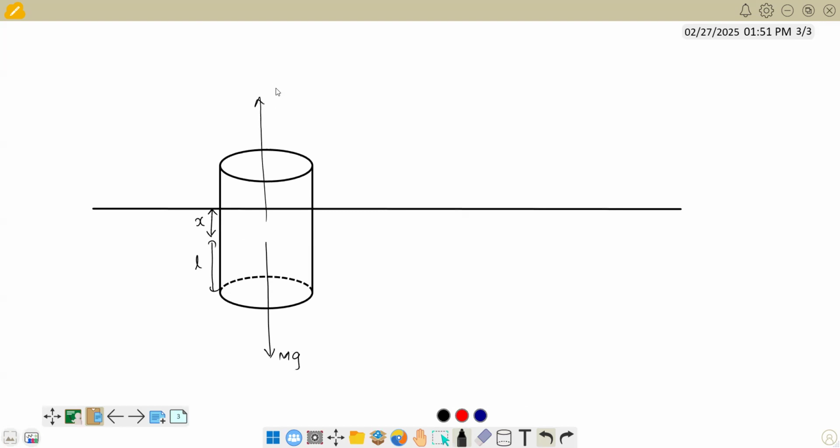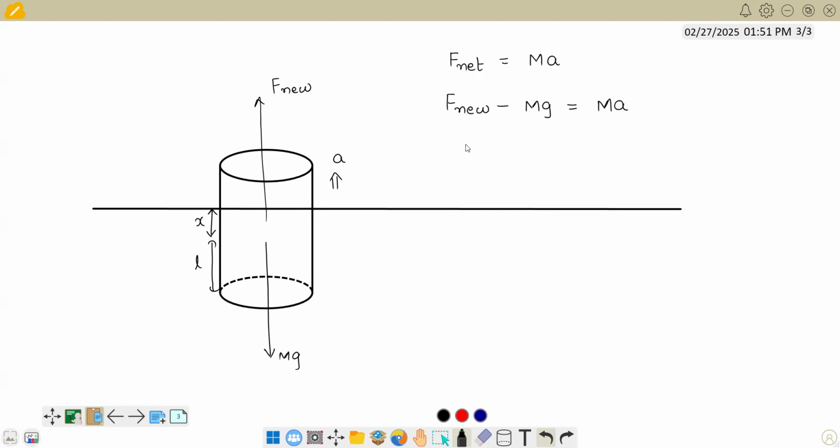We can clearly see the new force of buoyancy is much greater than mg. Since it is greater, the net acceleration would be upward. Because mg will not be able to balance force of buoyancy, the body will have an upward acceleration. According to Newton's laws, if mass is constant, net force equals mass into acceleration. So the net force, the new force of buoyancy minus mg, is equal to mass into acceleration.